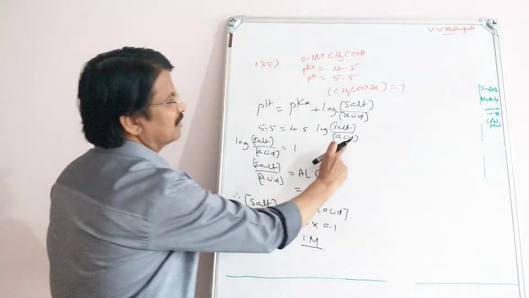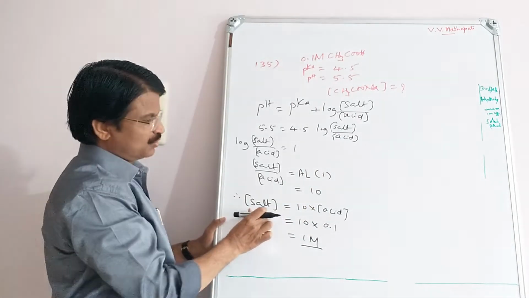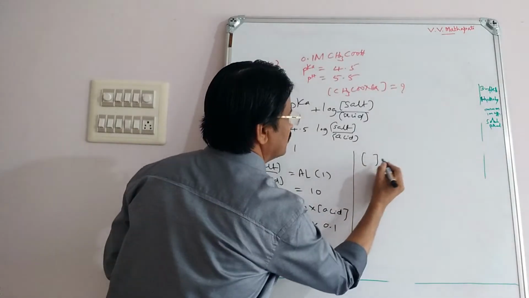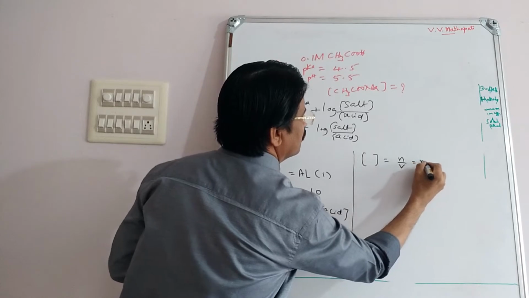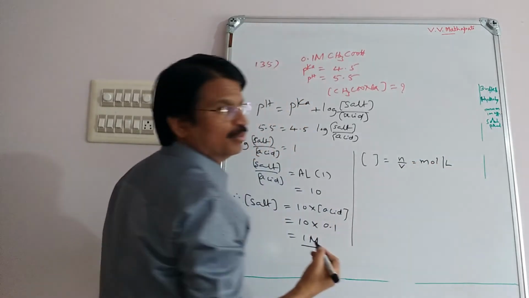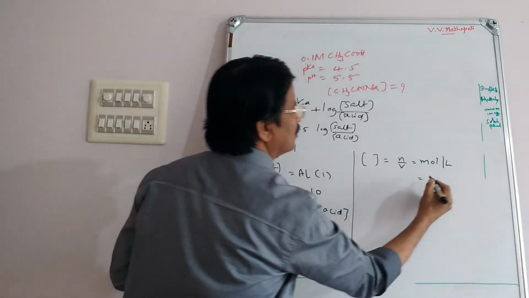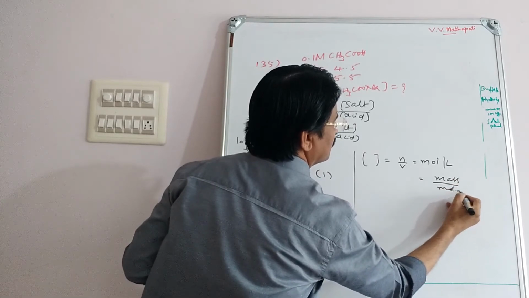Similarly, they can ask concentration of acid or mass of the salt. So how to calculate mass of the salt? See here, concentration equal to n by V, mole per liter. Mole equal to mass by molecular mass.